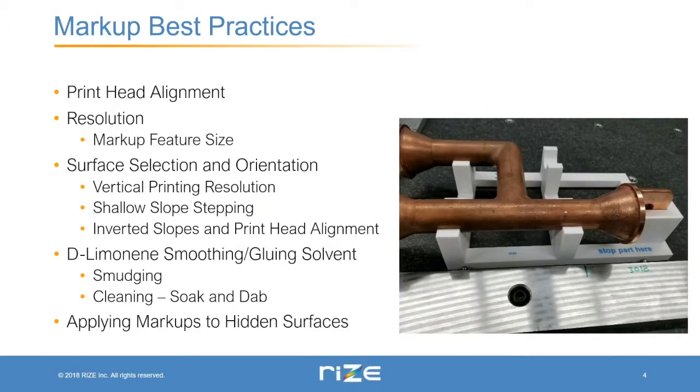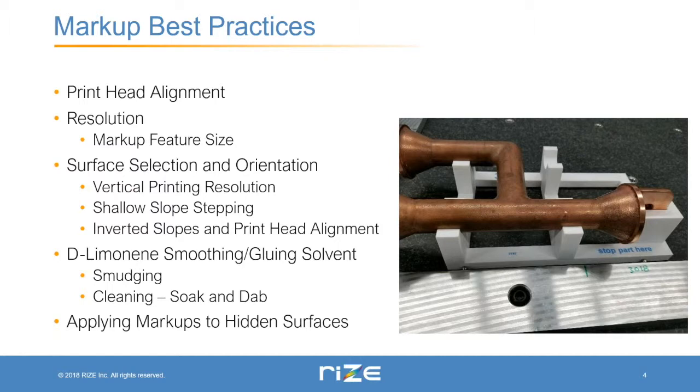So some of the things that you'll want to pay attention to when using markup with Rise technology are, for one thing, the print head alignment. In order to ensure that you'll get the best quality from each part that you print, you'll want to make sure that the ink head or the print head for the ink and the extrusion nozzle for the thermoplastic extrusion are properly aligned, and there is a process for this to be accomplished built into the Rise system.